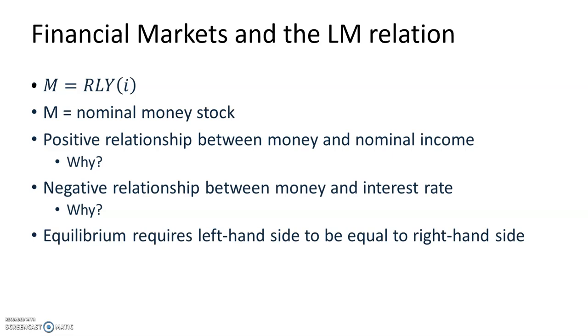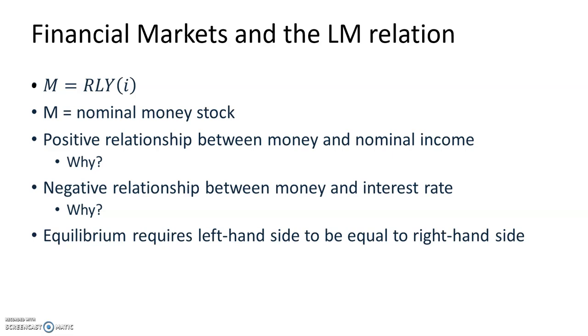We saw in chapter 4 that the interest rate is determined by the equality of the supply of and the demand for money, M is equal to $YL(i). The variable M on the left side is the nominal money stock. So there is a positive relationship between money and nominal income. Why is that? And there is a negative relationship between money and the interest rate.